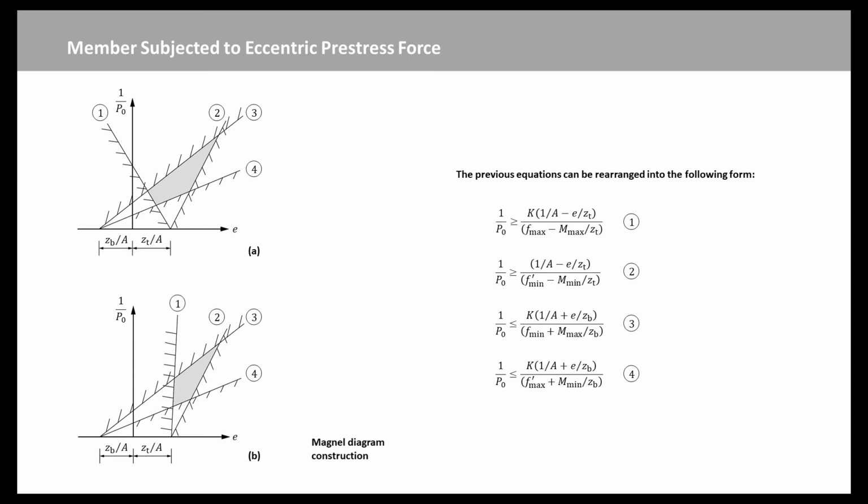These equations now express the linear relationships between 1 over PO and E. The relationships can be plotted as shown in these figures, and the area of the graph to one side of each line, as defined by the inequality, can be eliminated, resulting in an area of graph within which any combination of force and eccentricity will simultaneously satisfy all four inequalities and hence will provide a satisfactory design. The lines marked 1 to 4 correspond to these four equations respectively. This type of construction is known as a Magnel diagram.